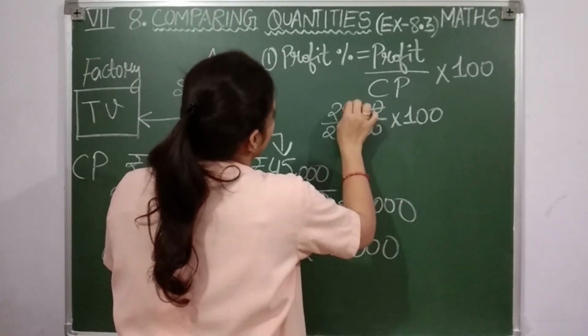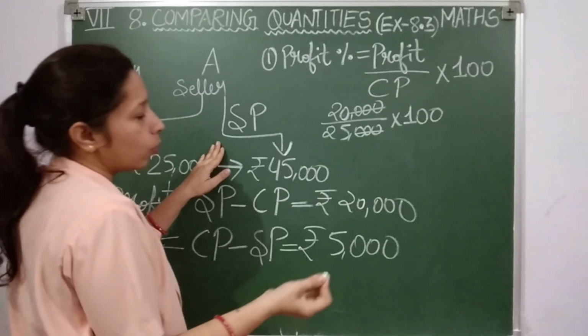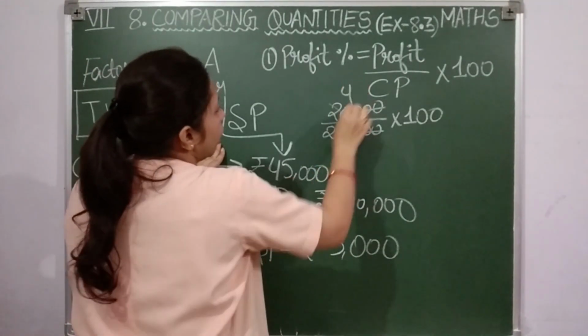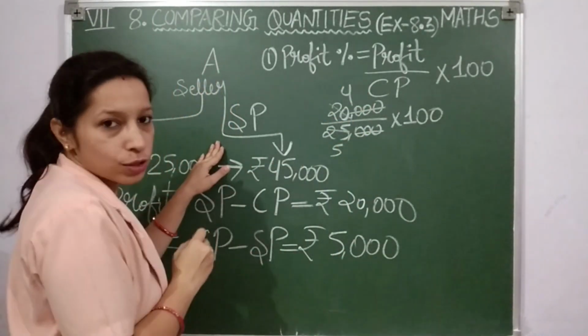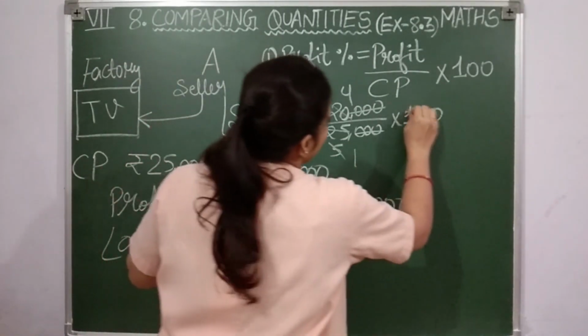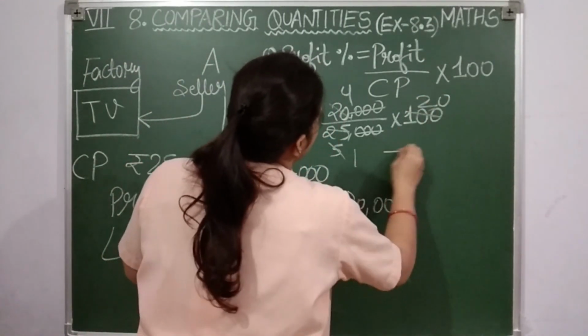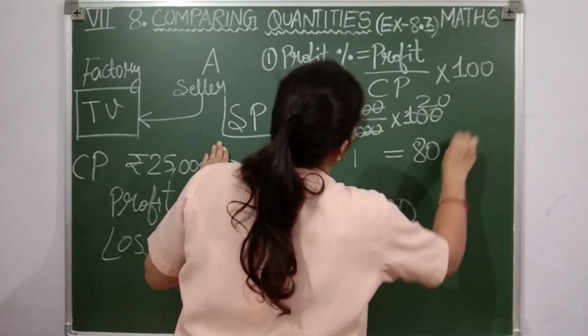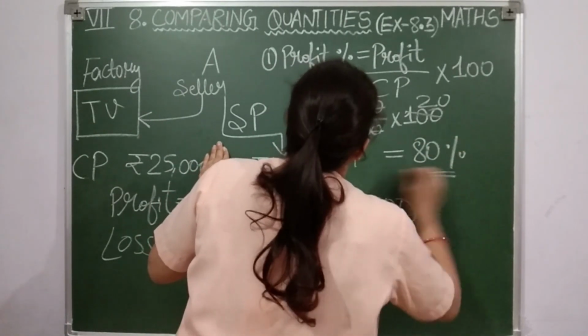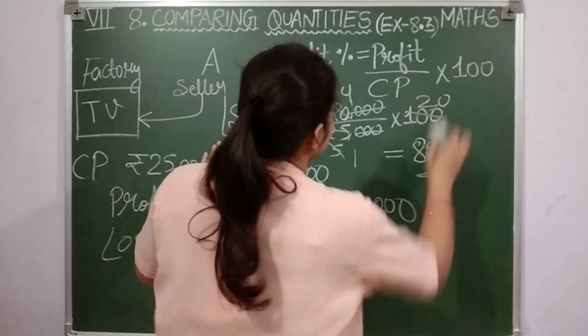Now we calculate the profit percentage students. 0, 0 cancelled. Okay. Now 5 4s are 20, 5 5s are 25. Clear students? 5 1s are 5, 5 2s are 10 and 0. 4 into 20, 4 2s are 8. How much is the profit percentage students here?